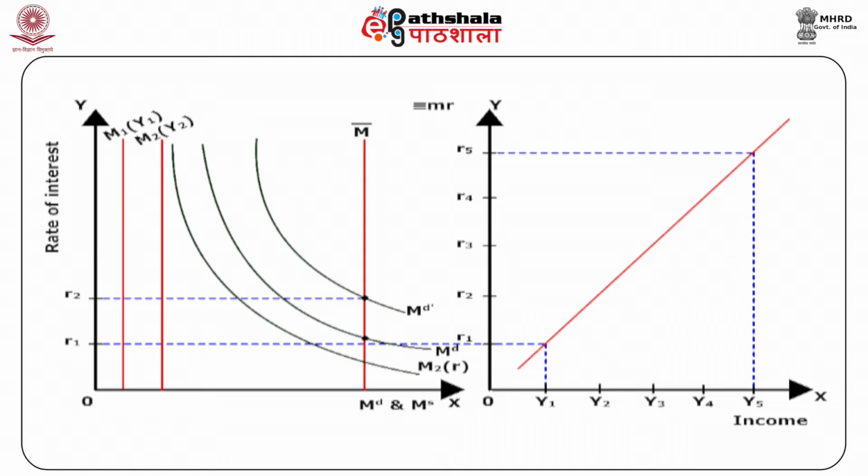Now, what happens in the product market is that the level of income increases from Y1 to Y2. When this happens, then M1, which is transactions and precautionary demand, also increases correspondingly. The M1 increases from M1 Y1 to M1 Y2, and when this happens, the total money demand increases from MD to MD prime, that is, it goes to a higher level.